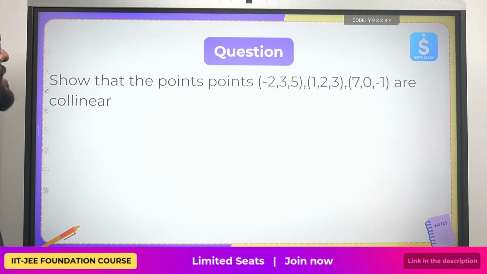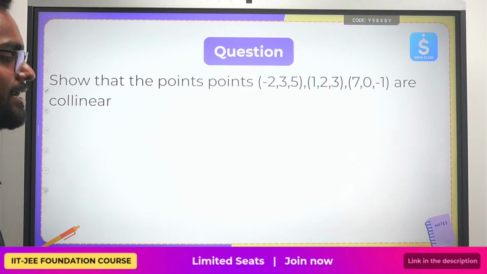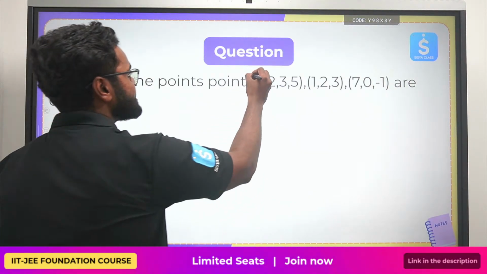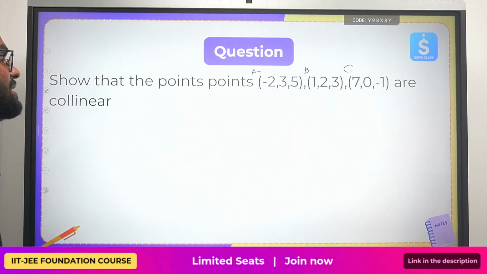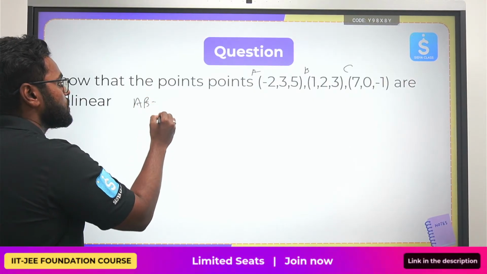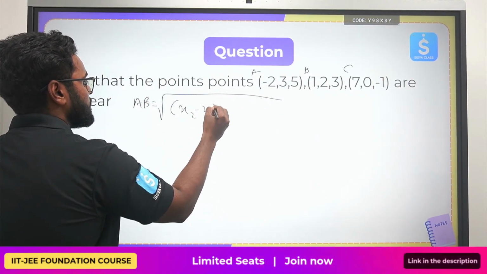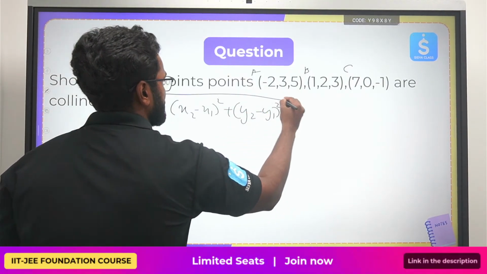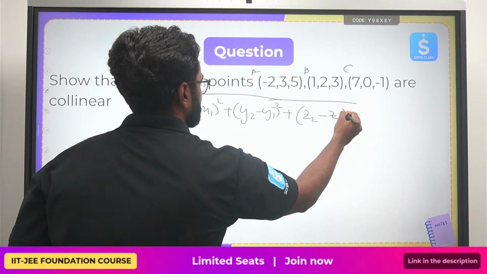Show that the points (minus 2, 3, 5), (1, 2, 3) and (7, 0, minus 1) are collinear. How can we say? Let us consider three points A, B and C and find the distances. AB is equal to root over (x2 minus x1) whole square plus (y2 minus y1) whole square plus (z2 minus z1) whole square.